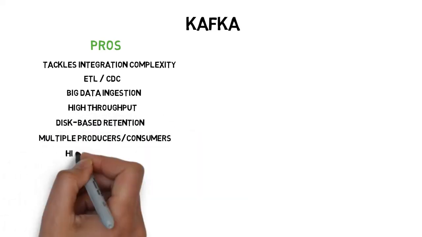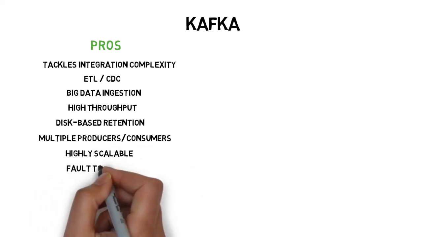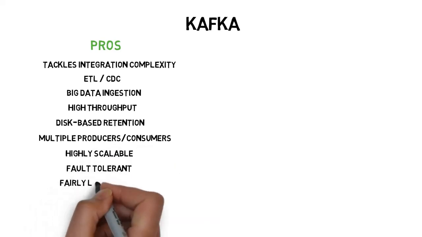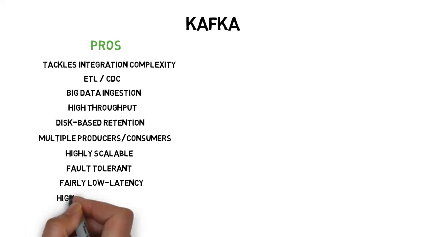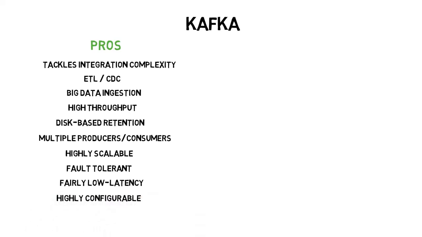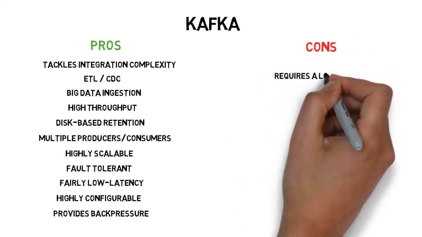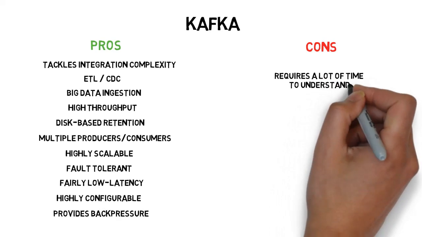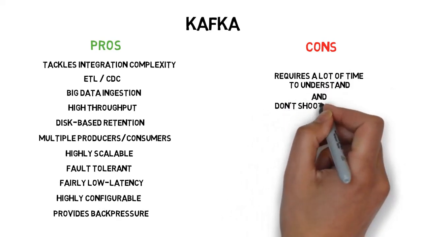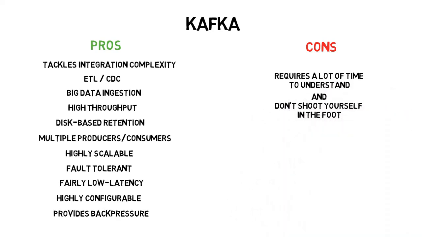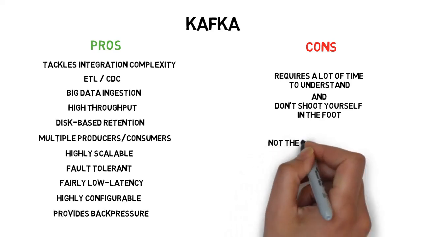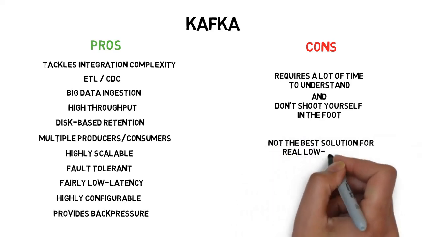Highly scalable, fault-tolerant, fairly low latency, highly configurable, and provides back pressure. Cons: requires a fair amount of time to understand and not shoot yourself in the foot by accident. Might not be the best solution for real low latency systems.